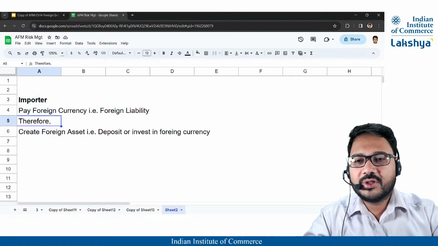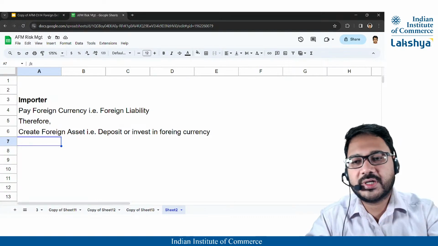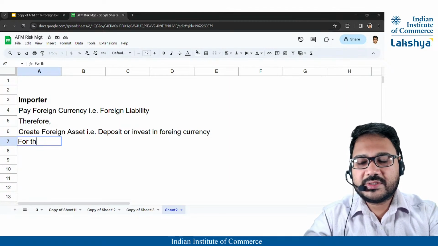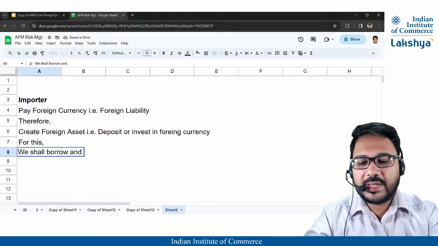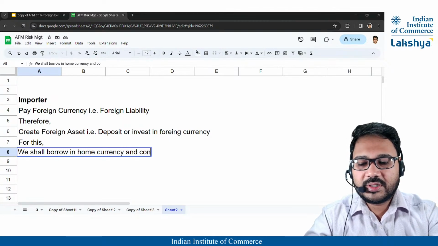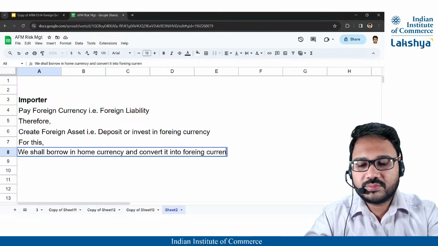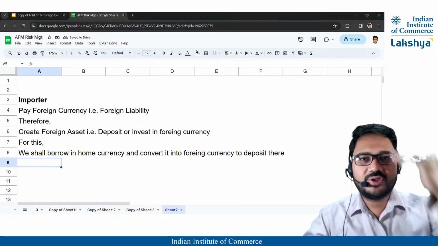Now, in order to invest in a foreign country or in a foreign currency, we shall borrow in home country and convert it into foreign currency to deposit there. Okay. So this is your line of thought.